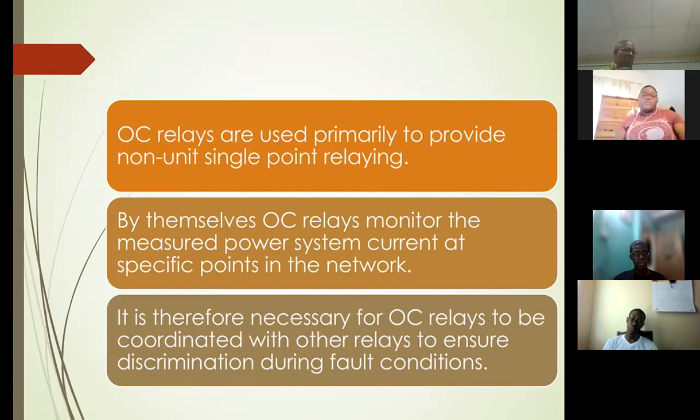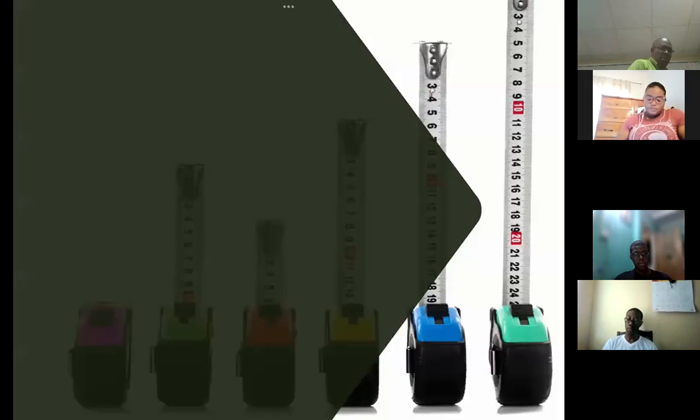The fact that we have fault current passing through a particular point in the network doesn't necessarily mean that it is under fault. You with me? Because the fault current needs to pass through certain parts of the network in order to get to the fault point. So to ensure proper discrimination, to ensure that only the faulted section is removed, we go through this exercise when using overcurrent relays known as coordination.